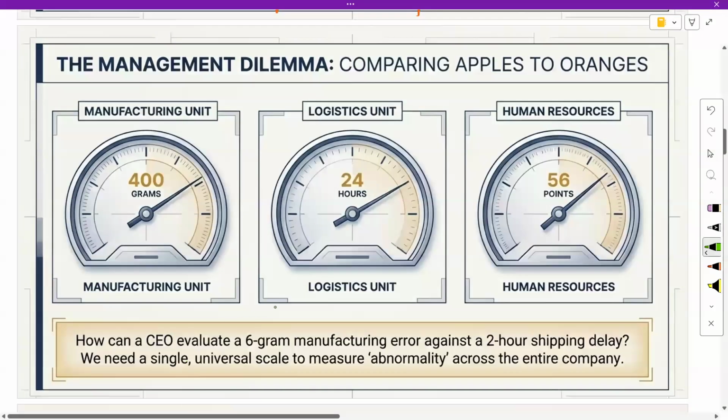Management dilemma: comparing apples to oranges. A business may have different operations, and they have to make different predictions. Here, for example, milk manufacturing production. They produce milk packets, on average 400 grams.